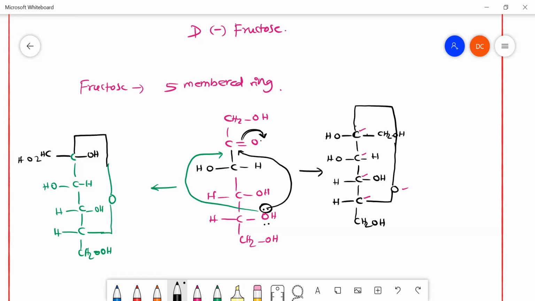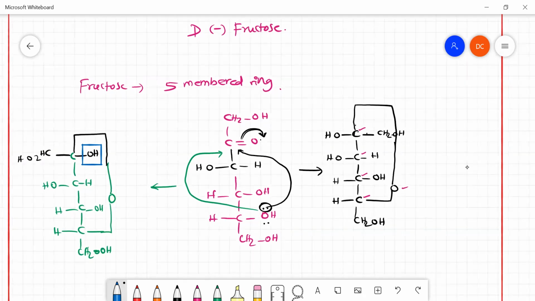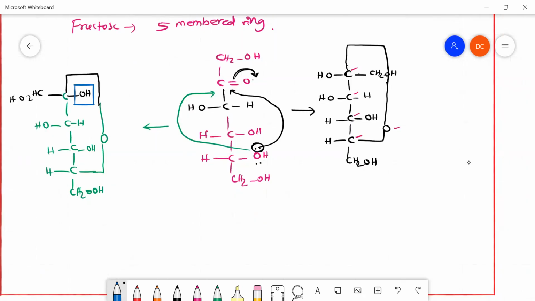Is that clear? Now the OH group which is present inside the ring, what kind of form is it, alpha or beta? Alpha. This is called alpha D fructose. We can call it minus alpha D fructose.